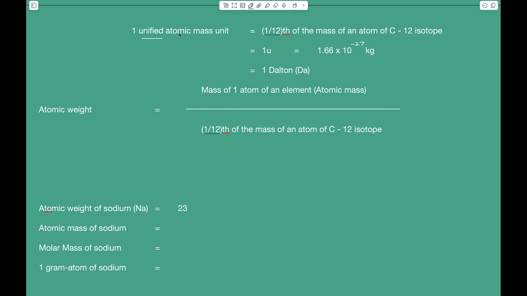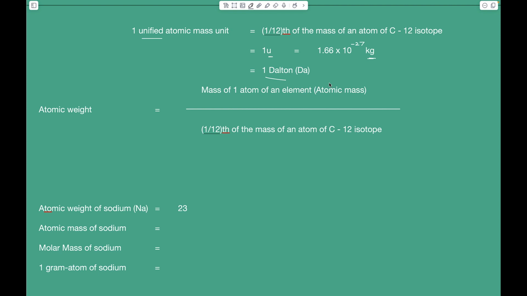The symbol for unified atomic mass unit is small u, and the value of one unified atomic mass unit in kilograms is approximately 1.66 times 10 to the power of minus 27. And in honor of John Dalton, one unified atomic mass unit is also known as 1 Dalton, and the symbol for Dalton is Da.